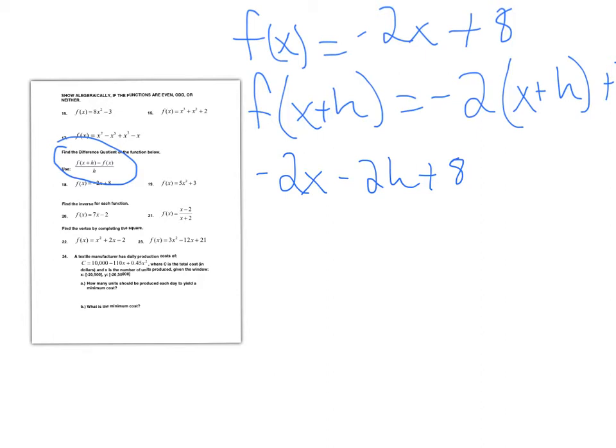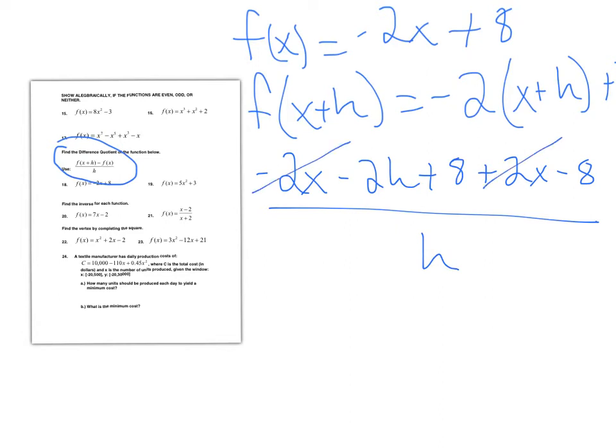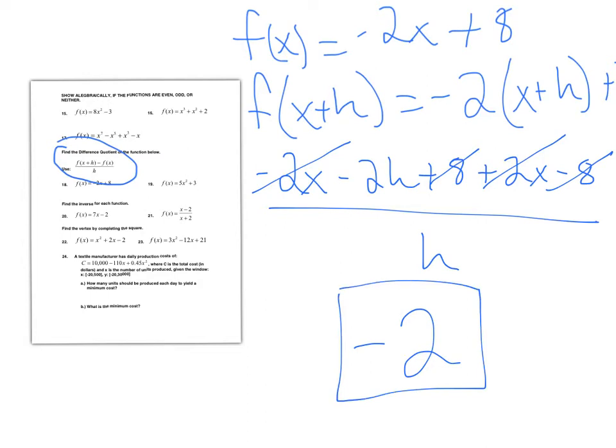When we subtract that, that becomes plus 2x and minus 8, all over h. A few things cancel out here: the negative 2x, positive 8, negative 8, and we just get negative 2h over h, and this just becomes negative 2. So that difference quotient, using that function, simplifies down to negative 2.